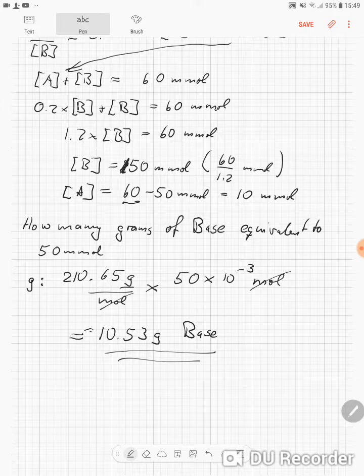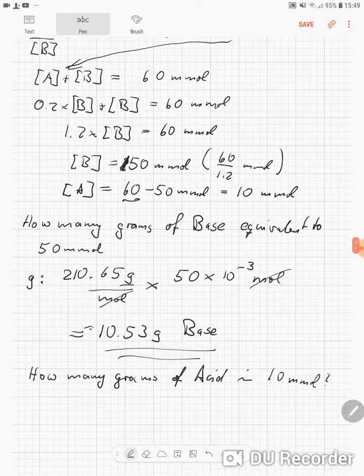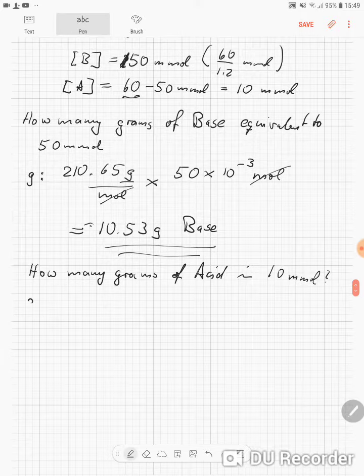And we can do the same thing for the acid. So how many grams of acid in 10 millimole? And again, we do dimensional analysis.